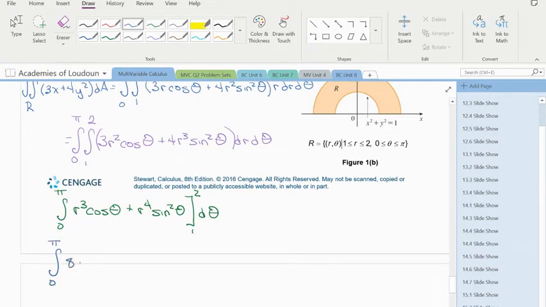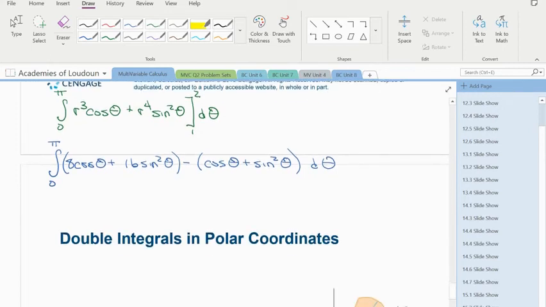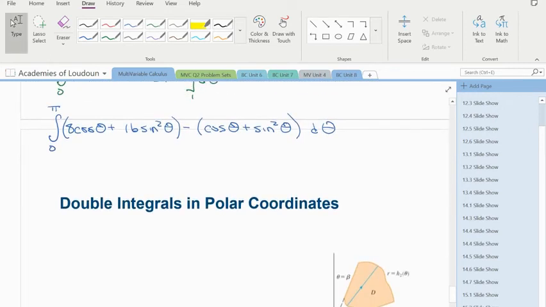This becomes 8 cosine theta plus 16 sine squared theta minus cosine theta plus sine squared theta, d theta. And so we now have from 0 to pi, 7 cosine theta plus 15 sine squared theta d theta.